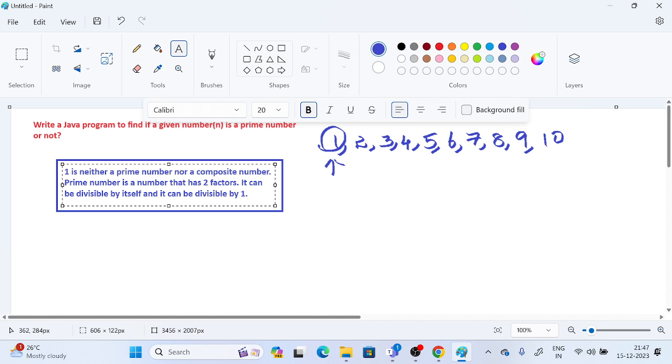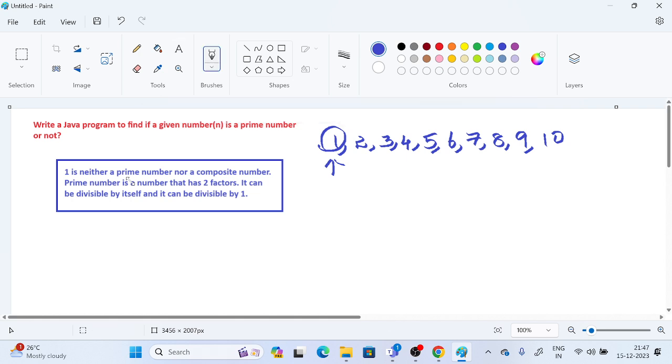If you take 1 as an example, here it clearly says 1 is not a prime number, right? So ignore 1. You consider 2. Two can be perfectly divisible by 2 itself. It can be perfectly divisible by 1. You cannot perfectly divide it with any other number apart from 1 and 2.